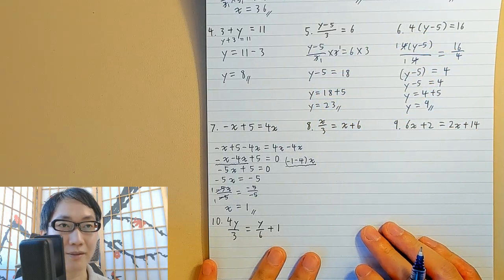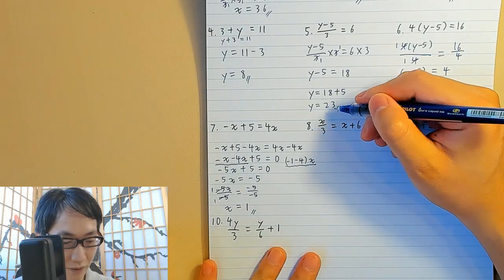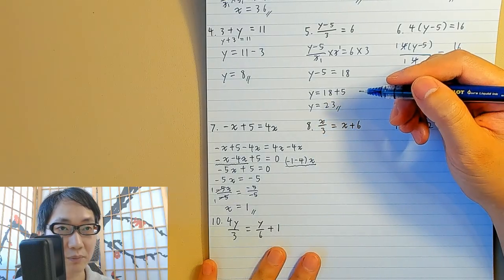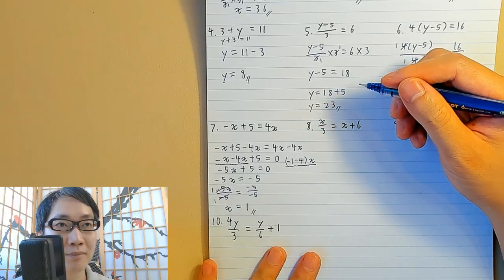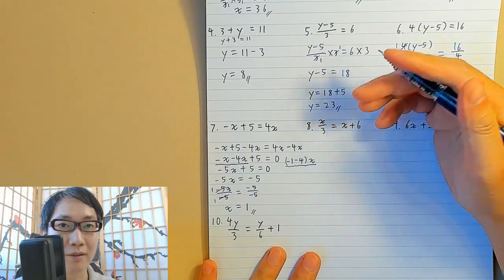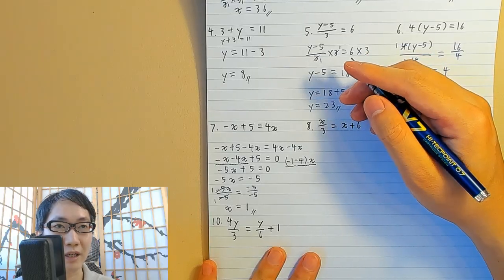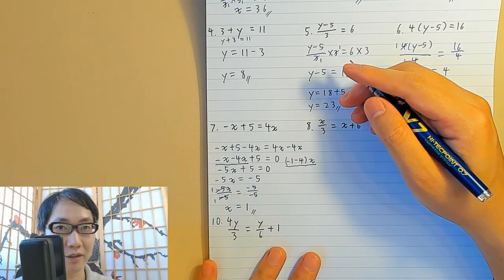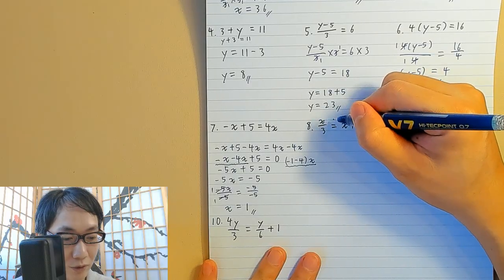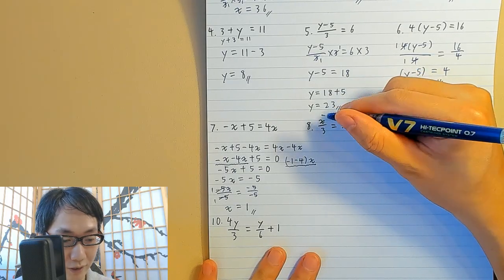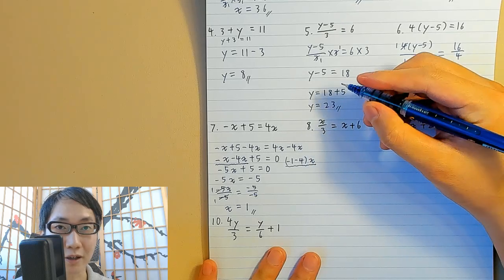Then number 8. So x divided by 3 is equal to x plus 6. So both sides have the x, and there is a denominator. So usually we try to get rid of the denominator first. Okay. To do that, we'll multiply by 3 on both sides.